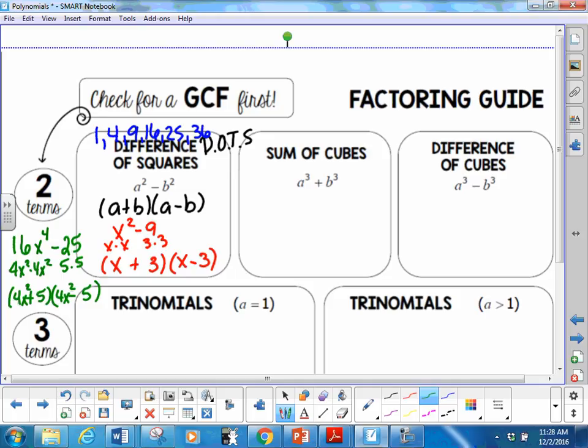Sum of cubes has a pattern. Let's talk about what we think the cubes are before we move on, though. What's 1 cubed? 1.